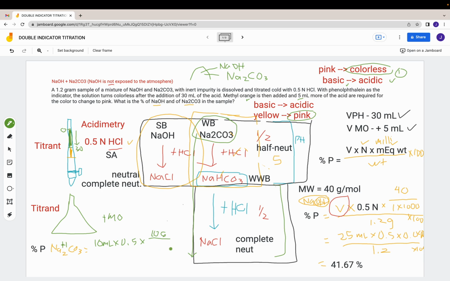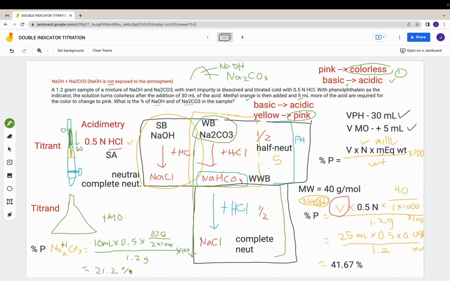So here 2 times 1, that's 2. 2 equivalents times 1000, since it's milliequivalent, divided by your sample weight, which is still 1.2 grams, times 100, since it's in percentage, and that would give you how much? 10 times 0.5 times 106 divided by 2000 divided by 1.2 times 100. You should be getting a number, 21.2%.